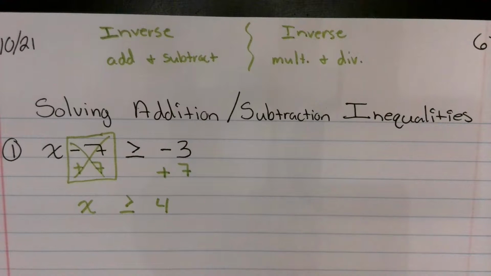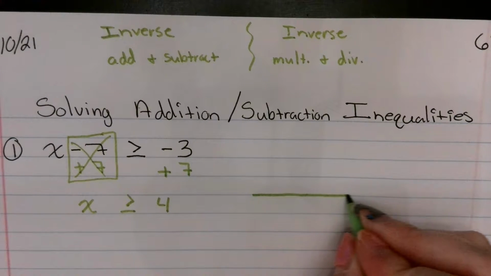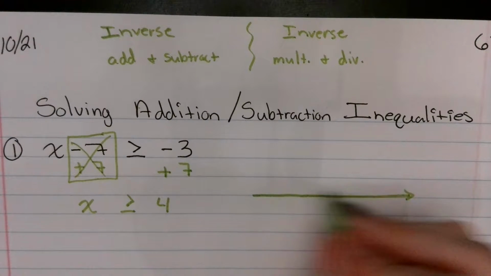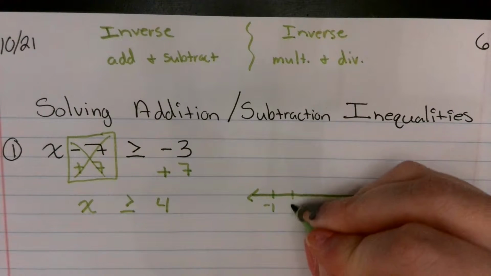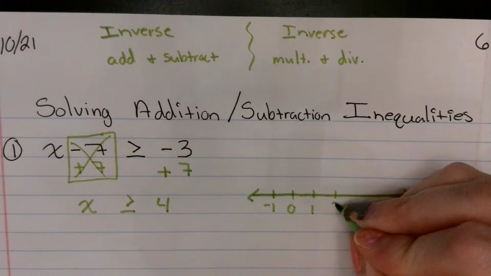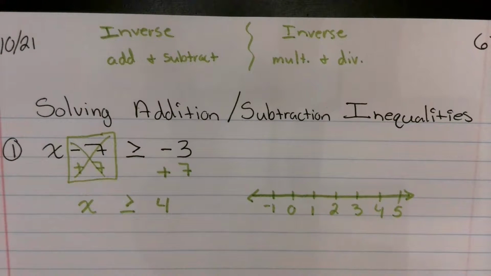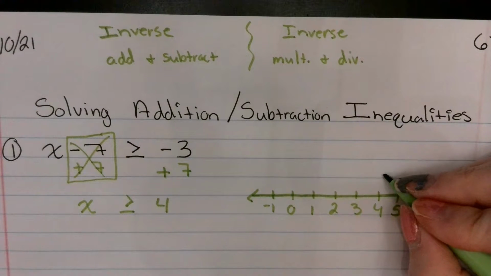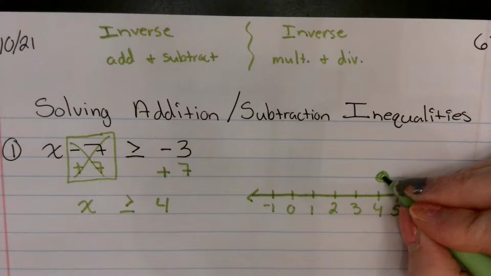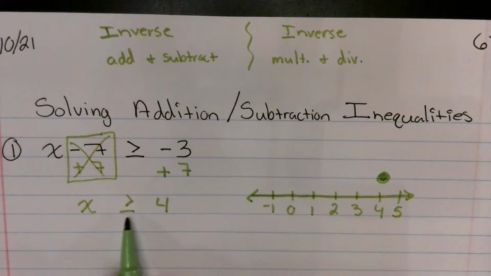Remember when we talked about graphing it, it means that you would graph a closed circle because you're including that 4. So let's say I have negative 1, 0, 1, 2, 3, 4, and 5. I know that my value is going to start at 4. I'm going to draw a circle and close it because I've got that equal to sign underneath.